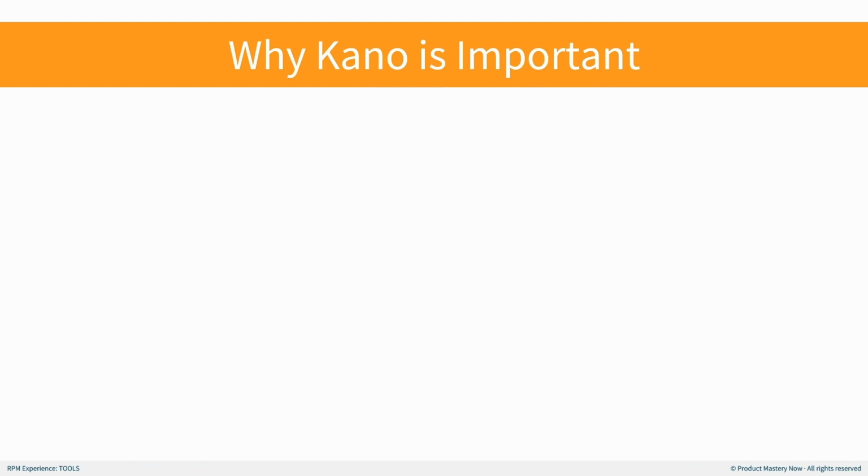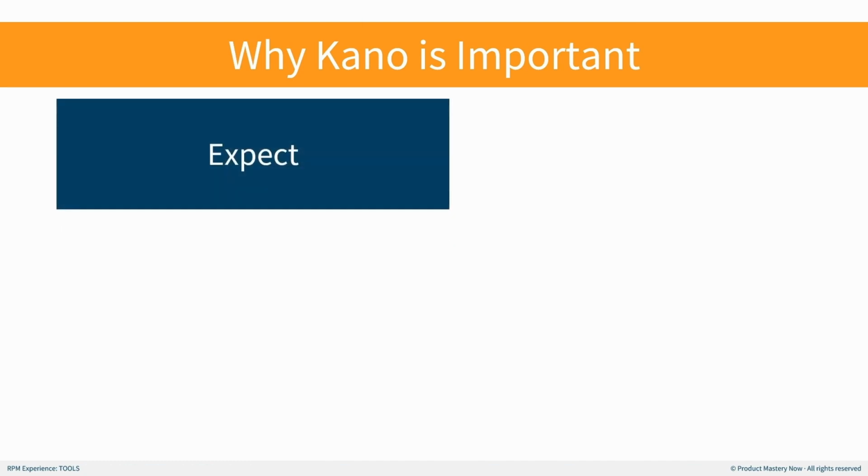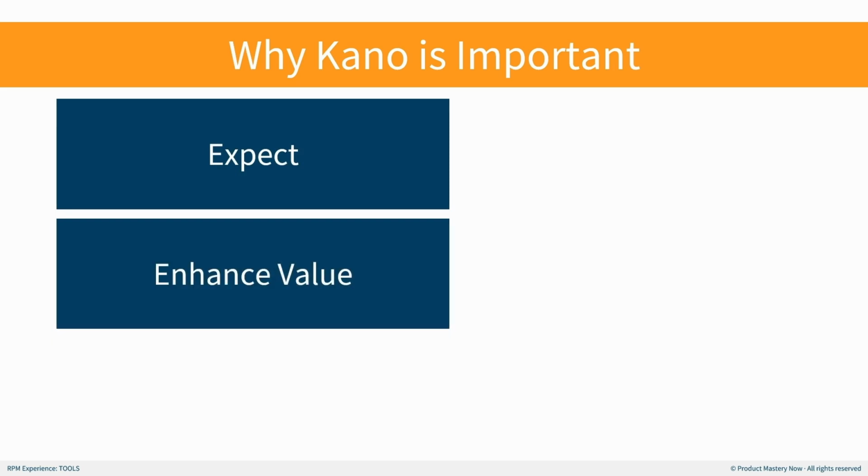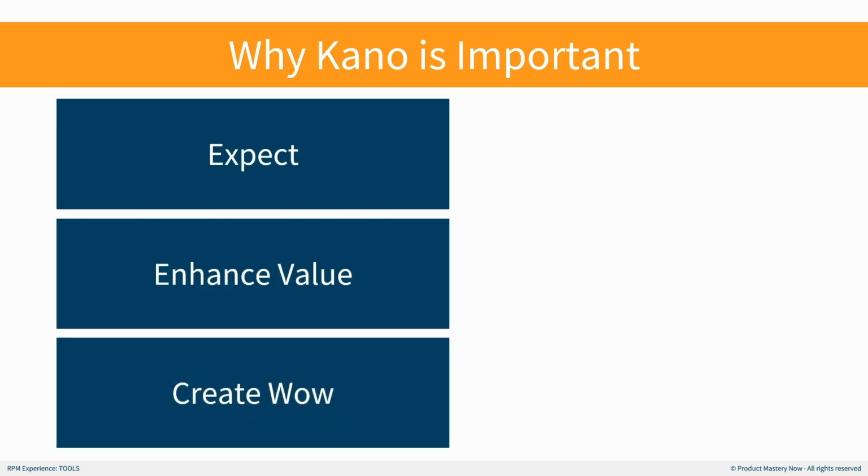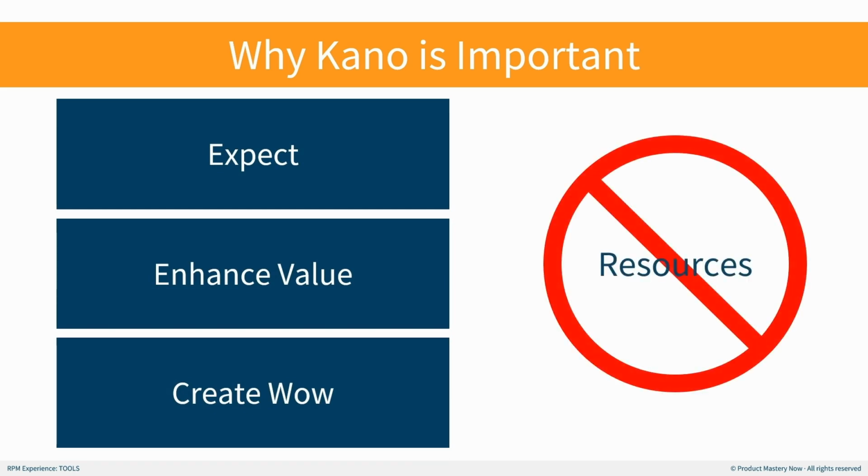And Kano is important because it helps you focus on what is most important for creating products that your customers are actually going to love, addressing those requirements. Again, what we expect, what enhances value, and what creates that wow factor, right? Those three areas. And what we want to do is not waste resources by overshooting customers' expectations.